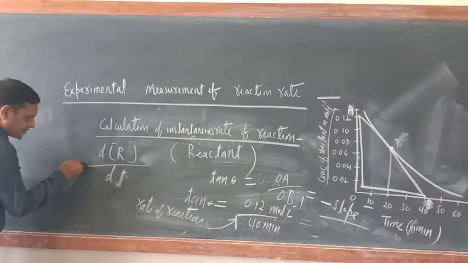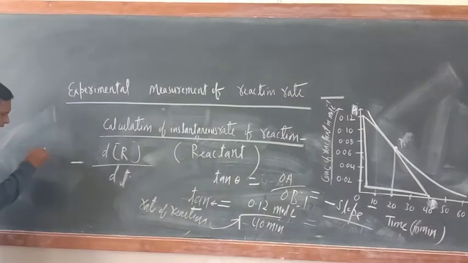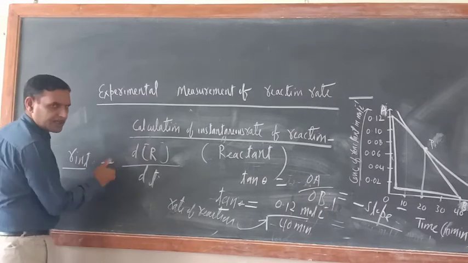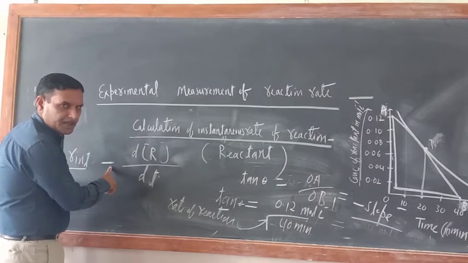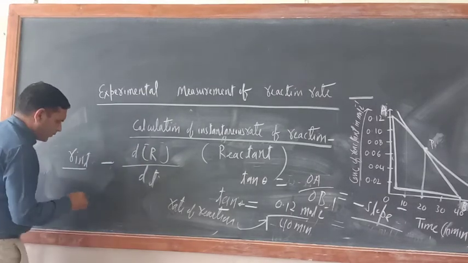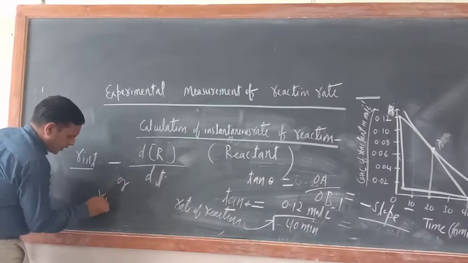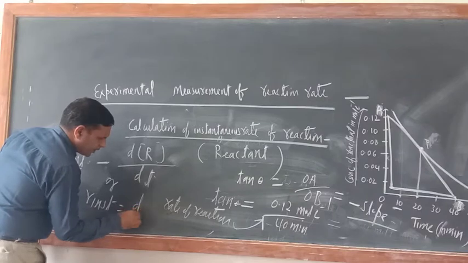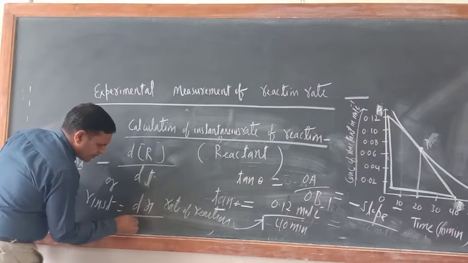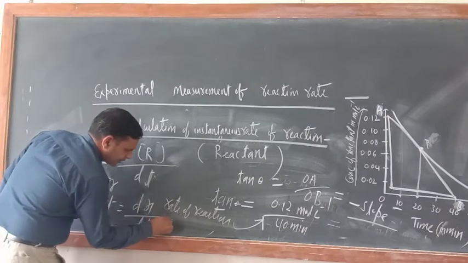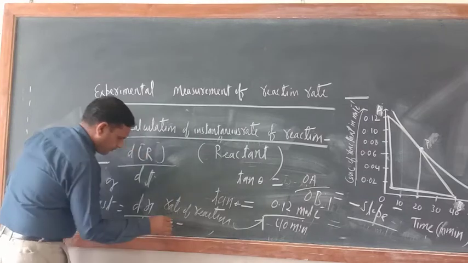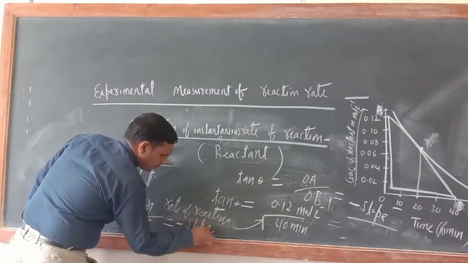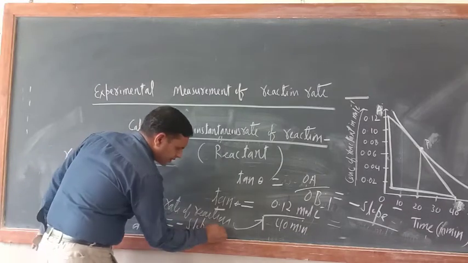Since this is for the reactant, R instantaneous, that is why the minus sign should be here. Now you can write it like that also, R instantaneous equal to dx by dt, that is equal to the slope. This slope is only the rate of reaction.